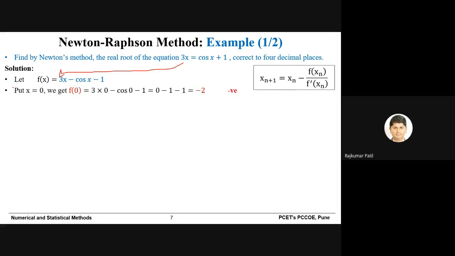So that's why, first of all, we will put x equal to 0 into the function, and for that we will estimate the answer. We put x equal to 0 into the equation and we got f of 0 as minus 2, and this answer is negative.